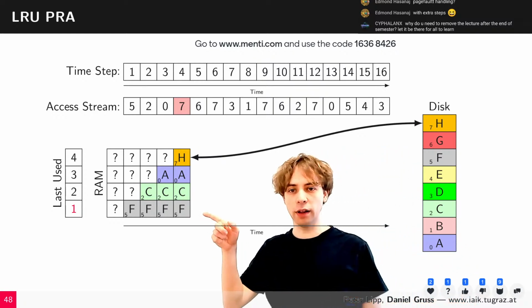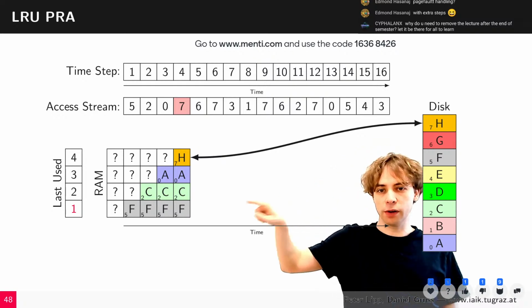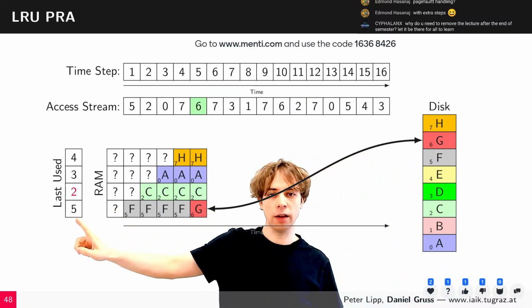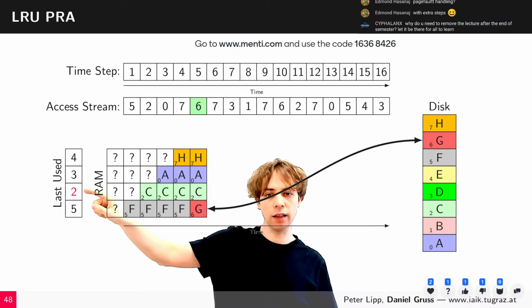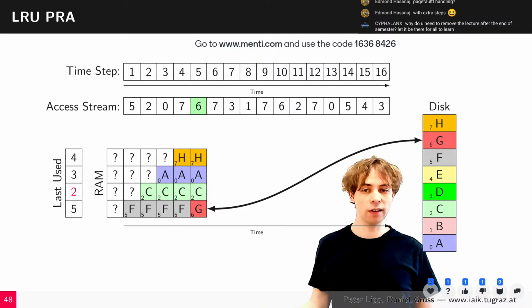So we kick out this one next. So if we access this location, this will go here. Now this has been used in timestamp 5. Now this is the next eviction candidate because it has the lowest number. It has been least recently used.